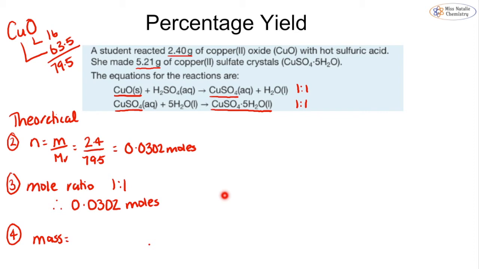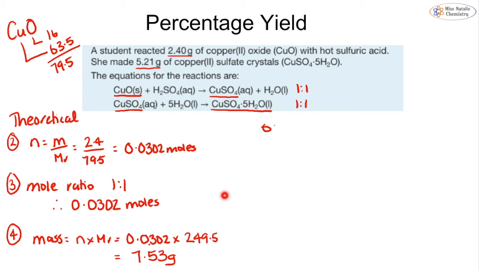From that, we can then determine our mass. So the mass is the number of moles times the MR. So that's 0.0302 times the MR, which you would be able to calculate using our method that we've used multiple times, is 249.5, giving you a theoretical yield of 7.53 grams.